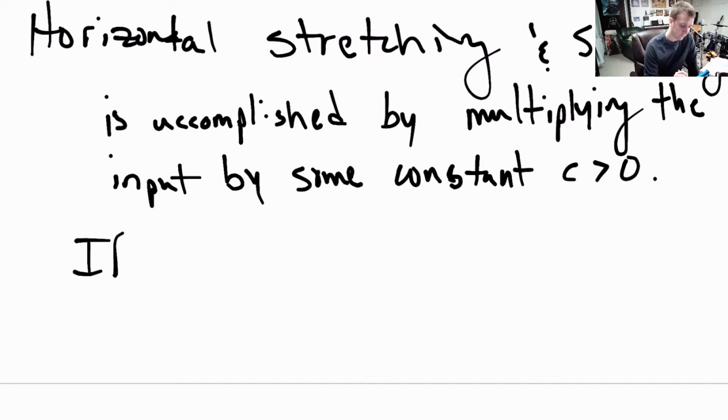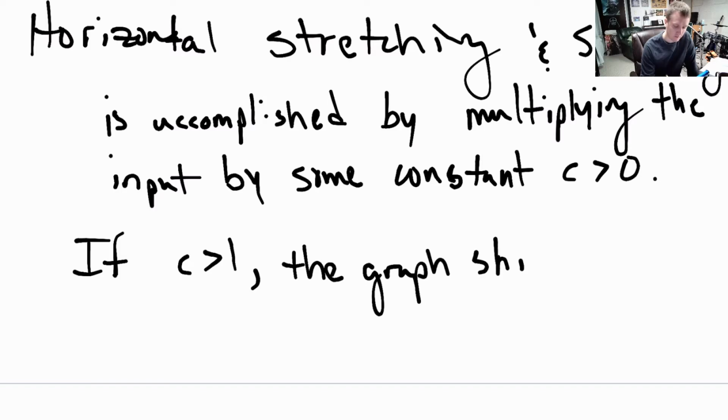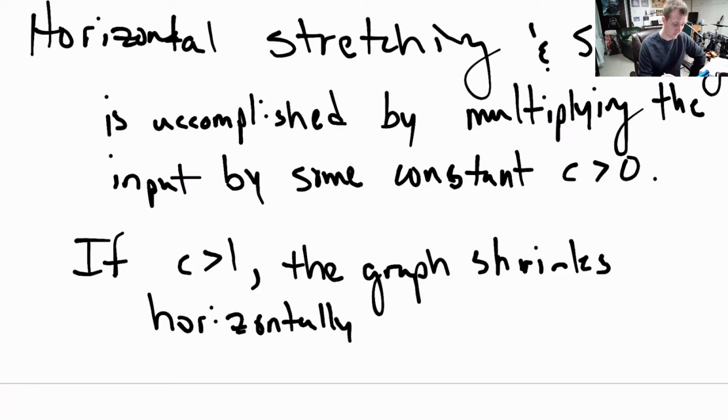If you multiply the inputs by some number C bigger than 1, then you can guess, I said things are backwards, the graph shrinks horizontally. It accordions in, it compresses in. The graph shrinks horizontally, by a factor of the reciprocal.